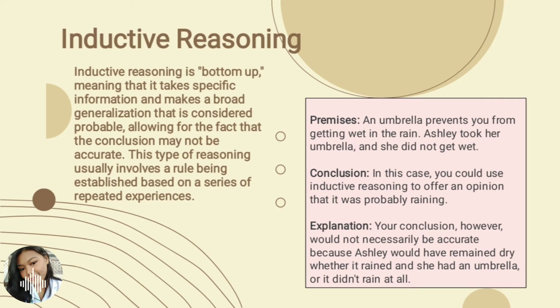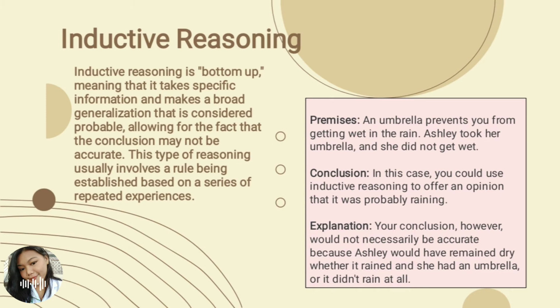So, if you observe, inductive reasoning came from a specific argument to a general conclusion. In statement 1 or the premises, it was logically true, but the conclusion may or may not be true.